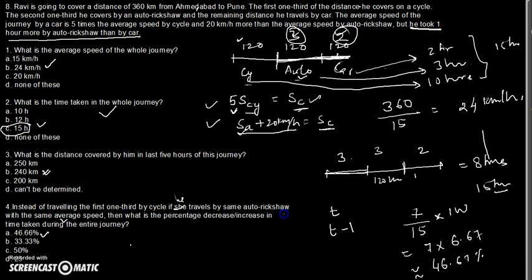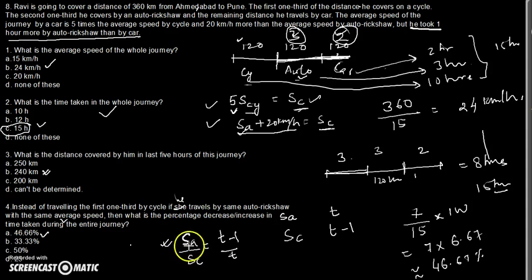And we already knew the speeds of the auto rickshaw as SA and of the car as SC. Since the distance is constant, the speed ratio SA by SC will be inversely proportional to the time taken. The lesser the time taken, the more the speed. That's the calculation.